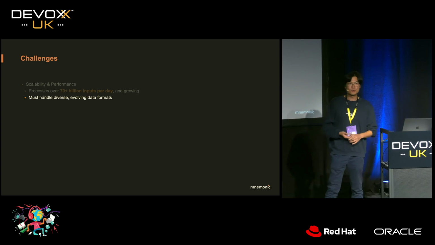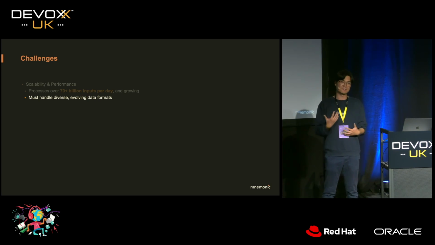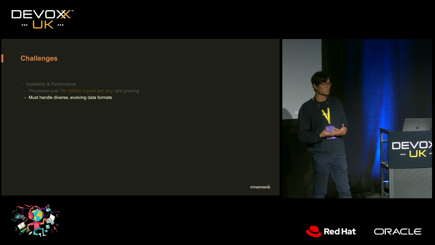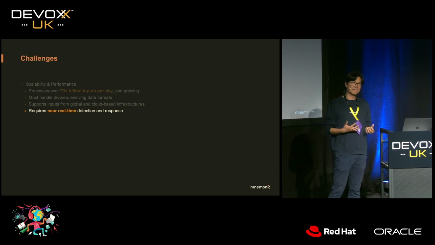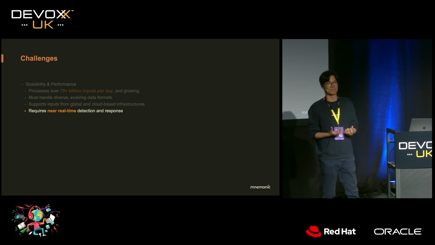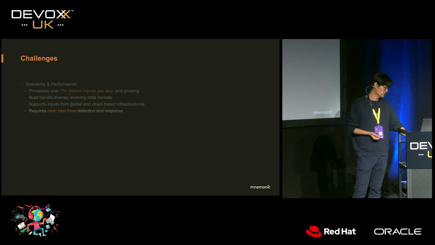The data that comes in can be in different formats, and new formats keep getting introduced, so your system needs to be flexible enough to adapt to new formats as well. And for detection, in order to help the customer, we need near real-time analysis, so the pipeline cannot take too long to process an event.